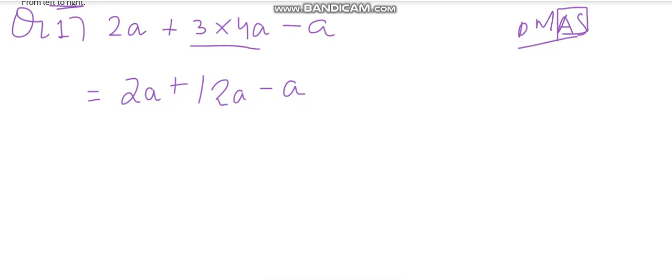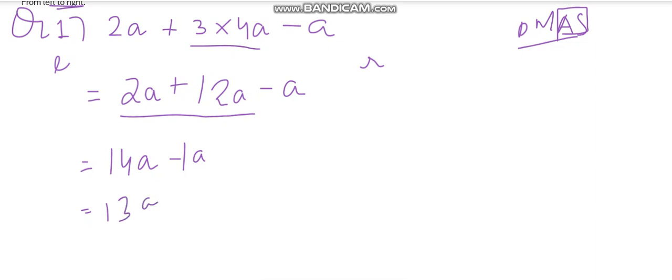I will show you both ways, but it is always preferred to solve from left to right. So let's do the preferred way first. 12 plus 2 equals 14. a minus a: when there's no number before, we have 1, so 14 minus 1 gives us 13, and a remains the same.